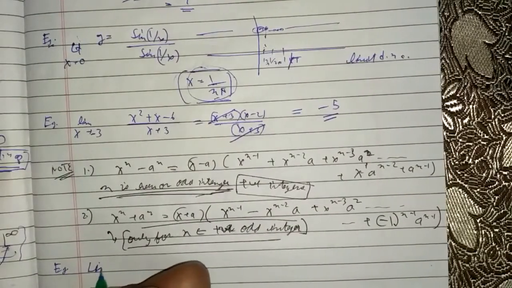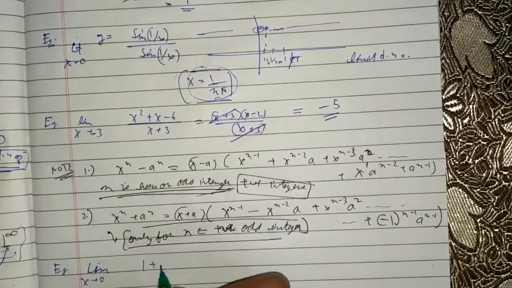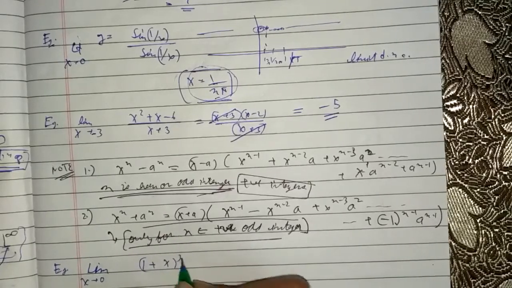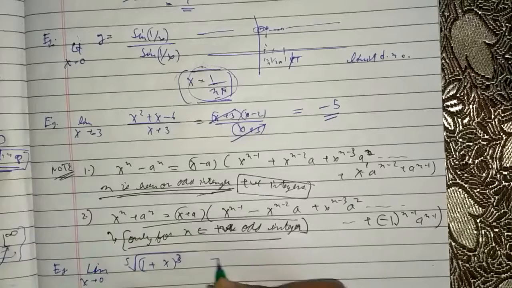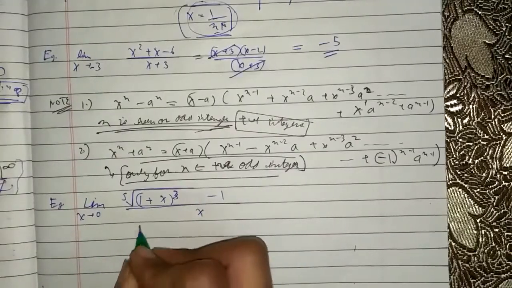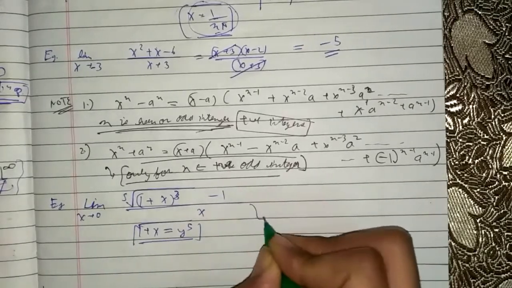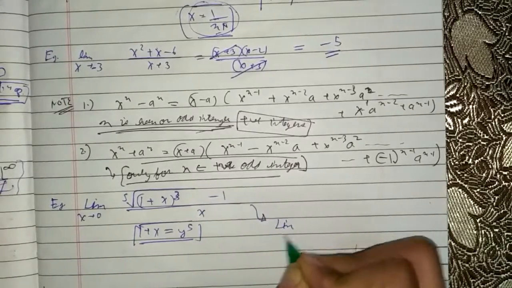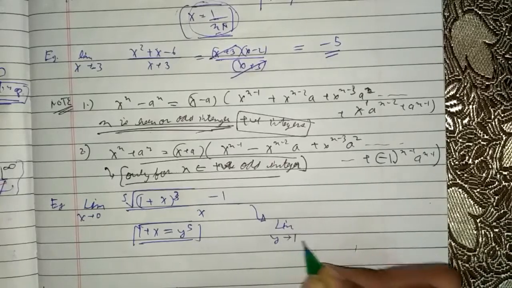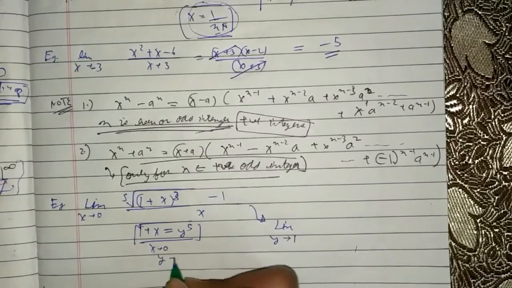limit x tends to 0 of ((1 plus x) cube, fifth root, minus 1) whole brackets. For this, let us put 1 plus x equals y to the power 5. Now this limit converts to limit y tends to 1, because as x tends to 0, y tends to 1.